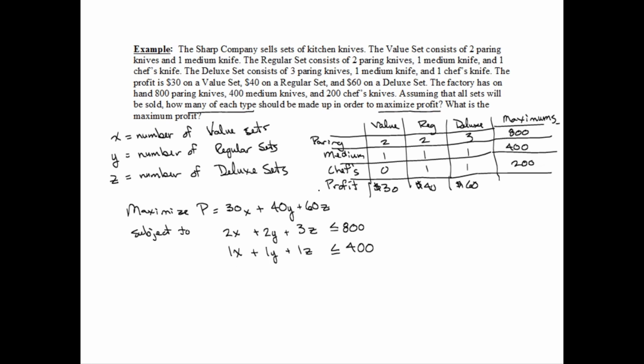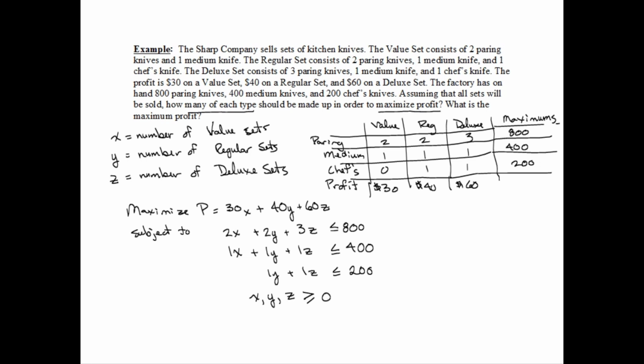Chef's knives, 0x, so we don't have any of those in the value sets, but we do have 1 times the number of regular sets plus 1 times the number of deluxe sets, and we only have 200 of those on hand. It does not make sense to create negative numbers of these sets, so that means x, y, and z have to be non-negative.